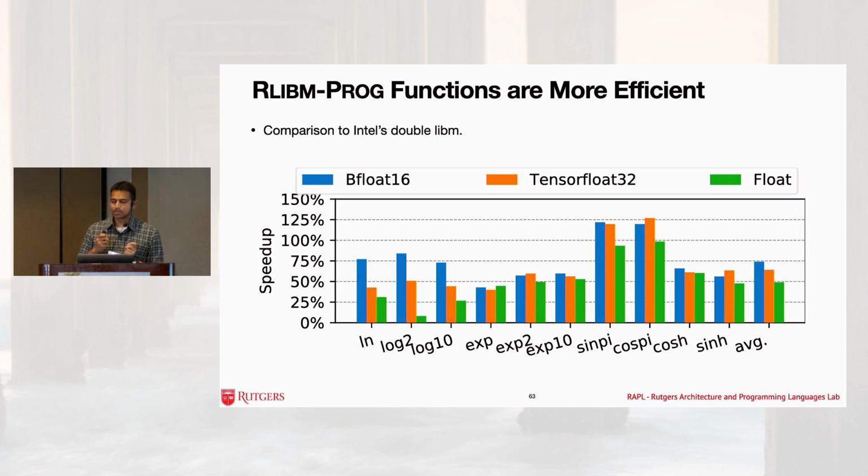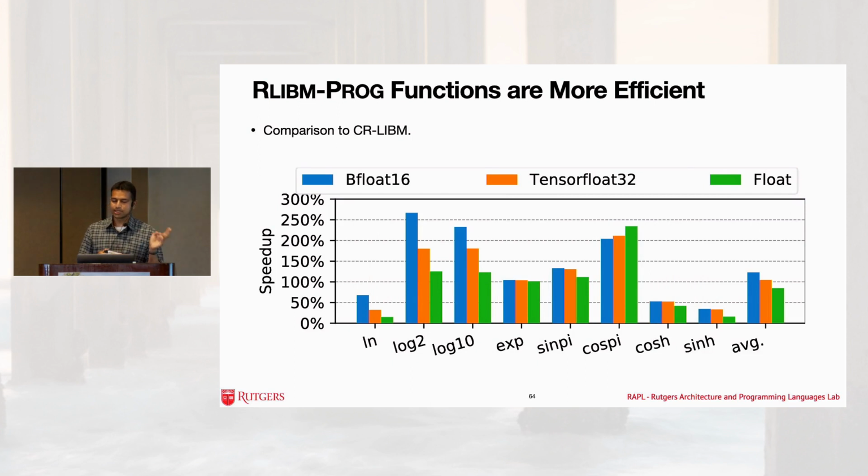The orange bars show the performance for TensorFloat 32, where RLIBM-PROG functions are 64% faster on average. The performance drops because of a slightly larger polynomial in comparison to that of bfloat 16, and that requires more time to evaluate. The green bars show the performance for the 32-bit float type, where RLIBM-PROG functions are 49% faster on average.